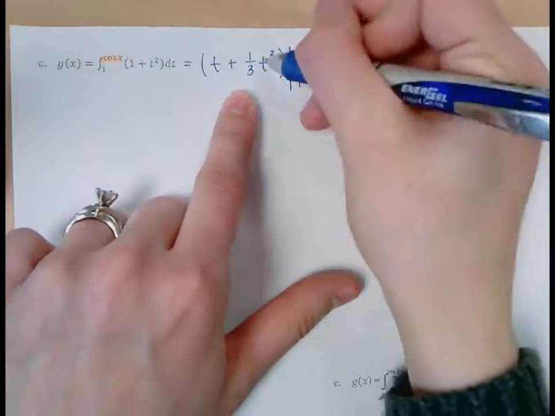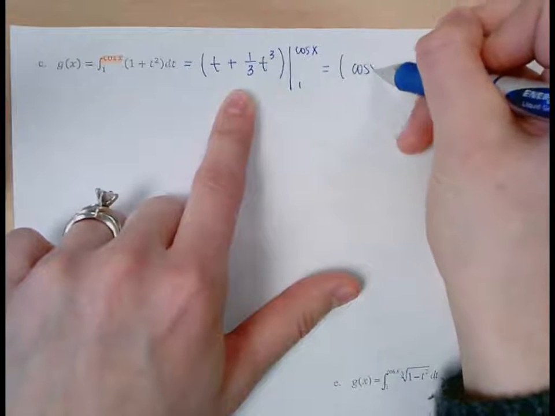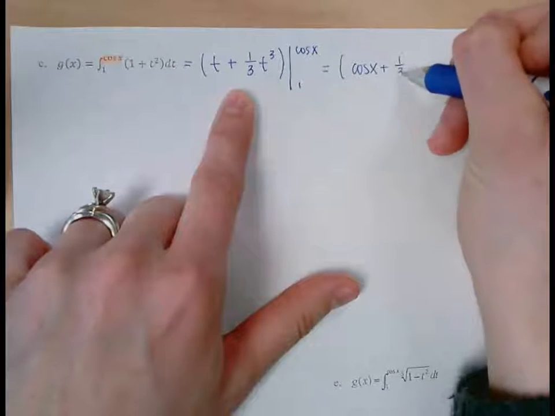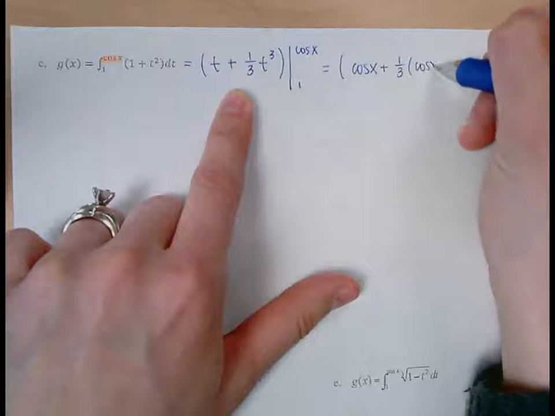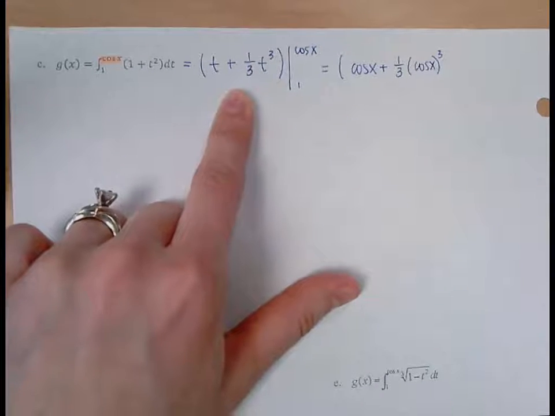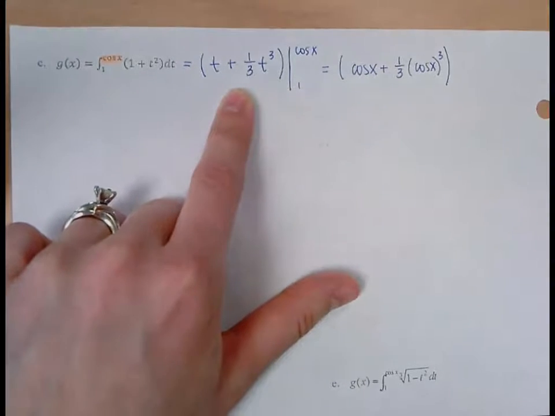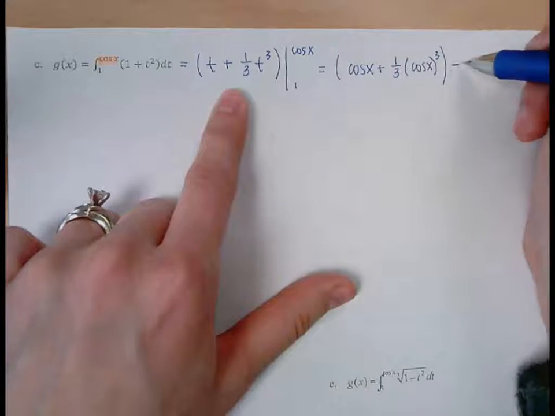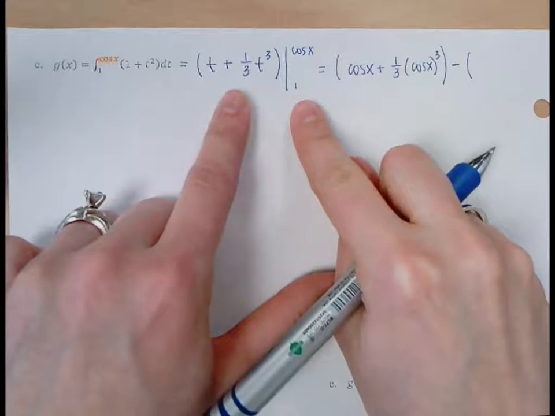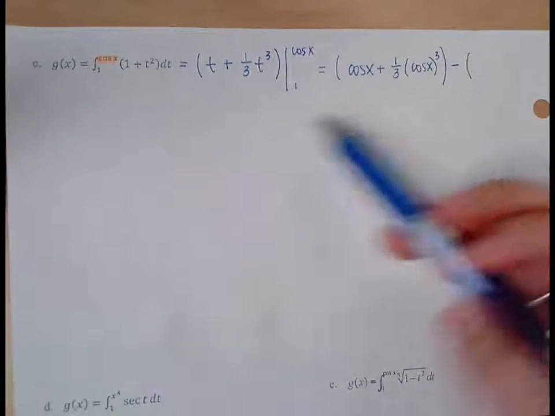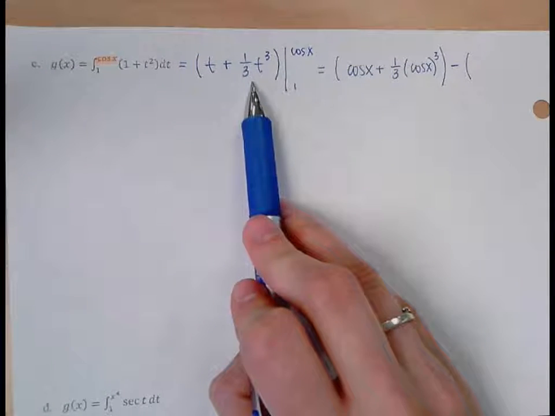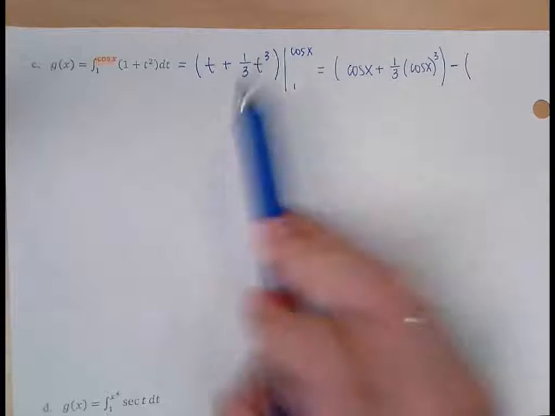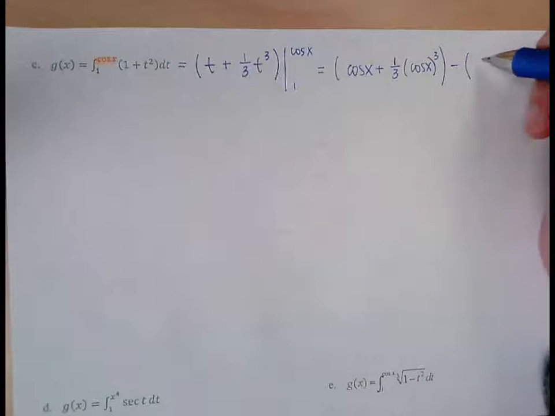If I plug in cosine of x to the entire thing, I have cosine of x plus 1/3 times cosine of x quantity cubed. Make sure the x isn't just being cubed, the entire cosine of x is being cubed. And that's just if I plug in cosine, so then I have to subtract what I get if I plug in 1. If I plug in 1, I'll have 1 plus 1/3, 1 and 1/3, 4/3.